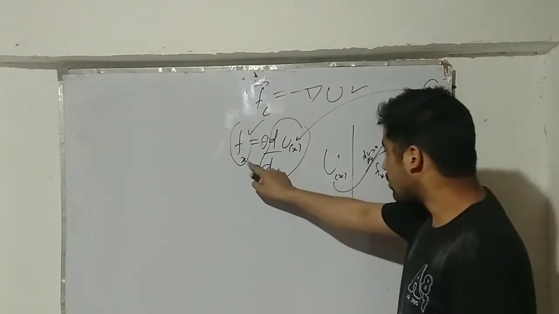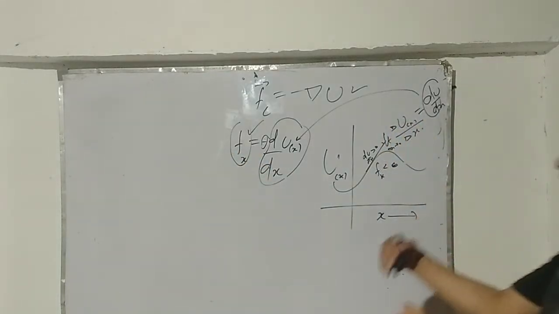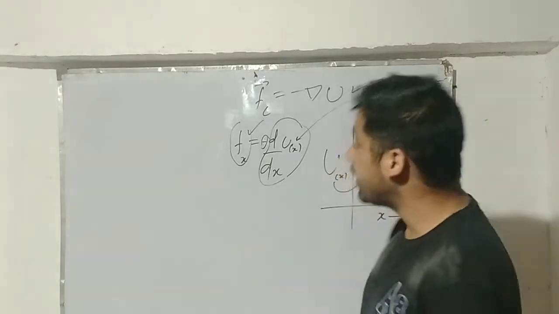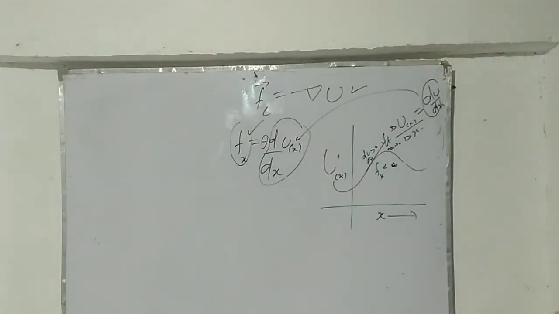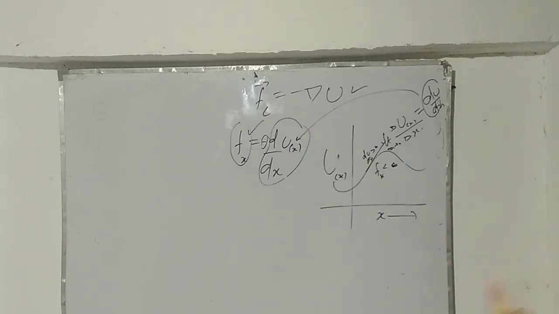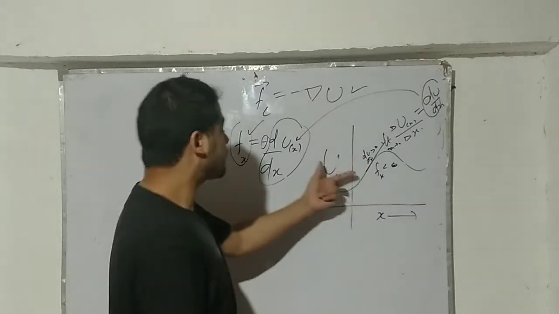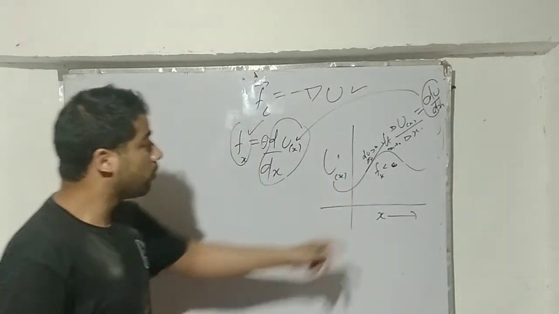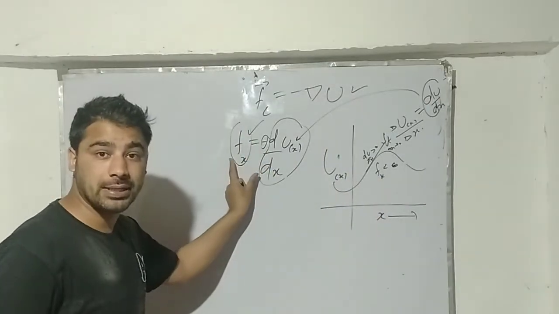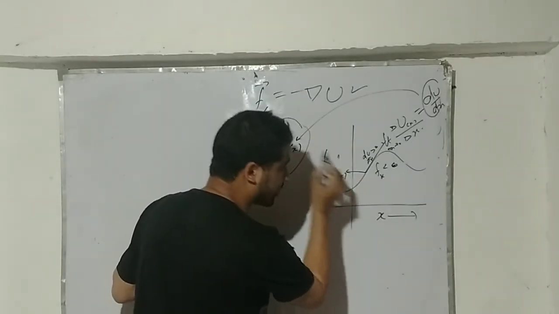So the force depends on the slope, and if I want to know in which direction my force will be, it's very simple to find from this kind of analysis. Just like here, the slope comes out positive, so by means of this equation the force will be negative. So at this point, my force will be in this direction.